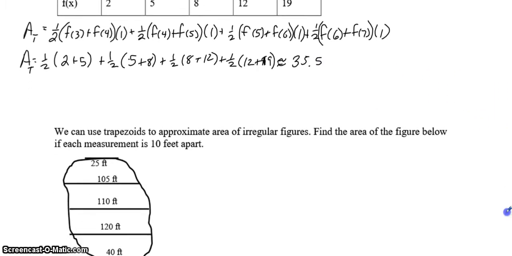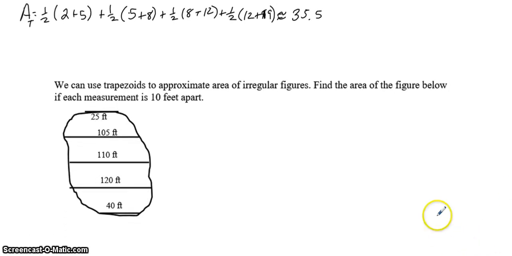Now notice, if we have something really irregular like this, if we would use rectangles, we would either use a rectangle like this, and then like this. You see, there would be a lot more error in these. We don't want to do that.